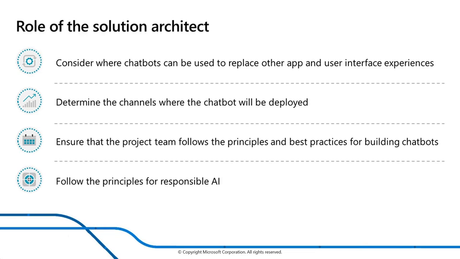So the role of the solution architect here with Power Virtual Agent is to consider where a chatbot can be used to replace other apps and user interface experiences. Because that's the point. A chatbot is just a user interface where the user can type his own questions and use his own words to ask a question. Or he can use any vocal application just to ask something.